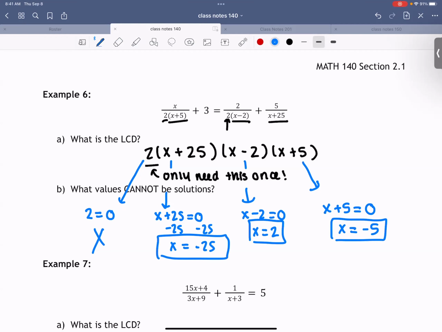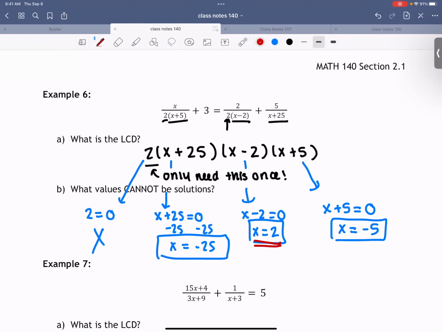Okay. Any questions on example number 6? I don't think I'm understanding your question. Can you kind of, like, on how we said, if we x 2, for example, the x minus 2. Oh, yeah, but x equals 2 is here, right?